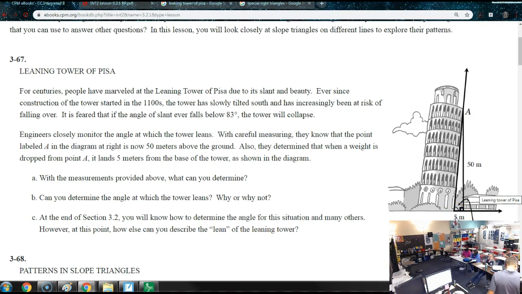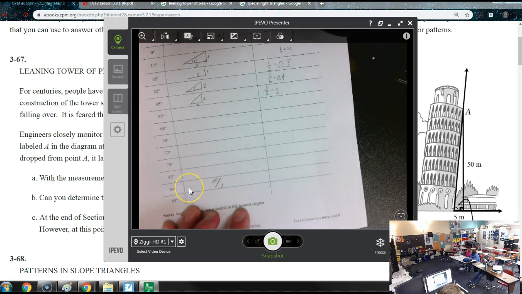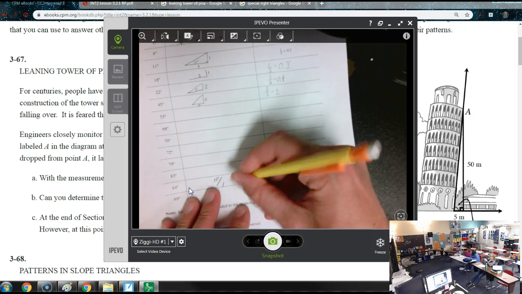And what are you saying, Leanne? It's very close to 83. Now, the question would be, how much different is 83 from 84? It's a one-degree difference, but what's the slope difference? So this is 50/5, right? On our 10/1, on this 84 degrees, let's also write 50/5.